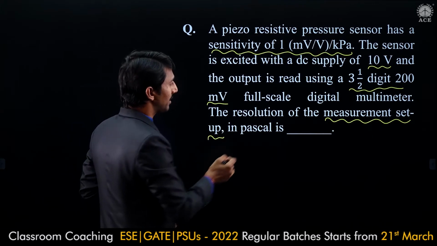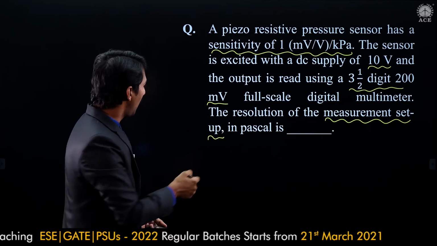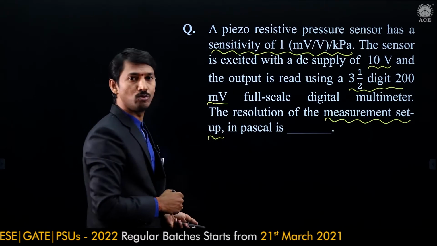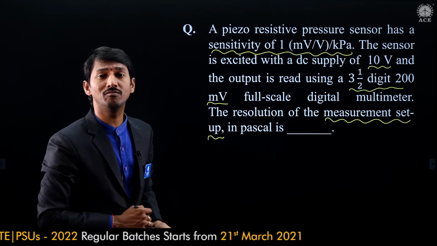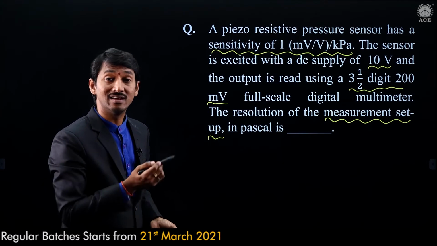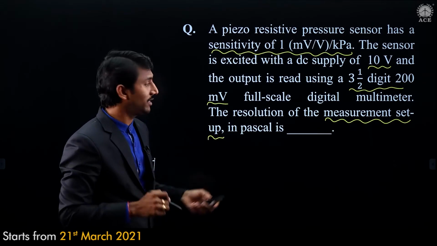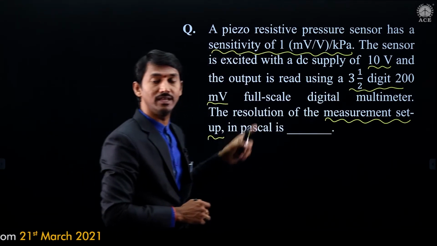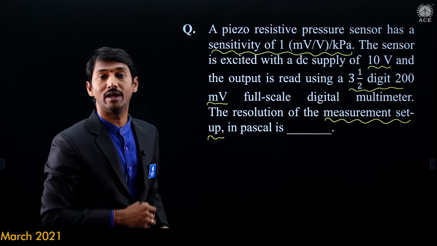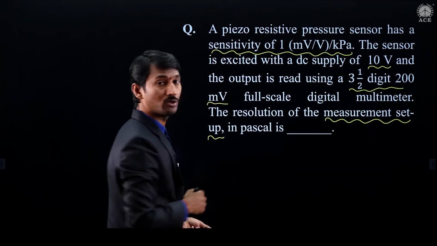What is it? Here, sir, a 3.5 digit DMM or digital device on 200 millivolt full scale. What can be the minimum value measurable with this? That we have to calculate, because resolution means smallest measurable input change. That's why with this device on this range, how much is the minimum value? How much is the minimum value that can be measurable? That we have to take here.